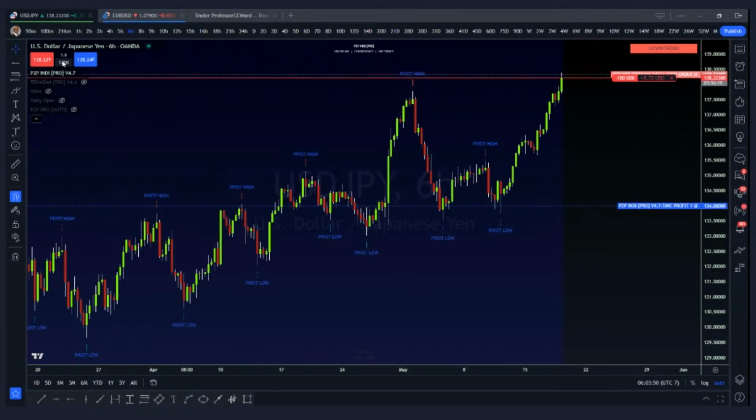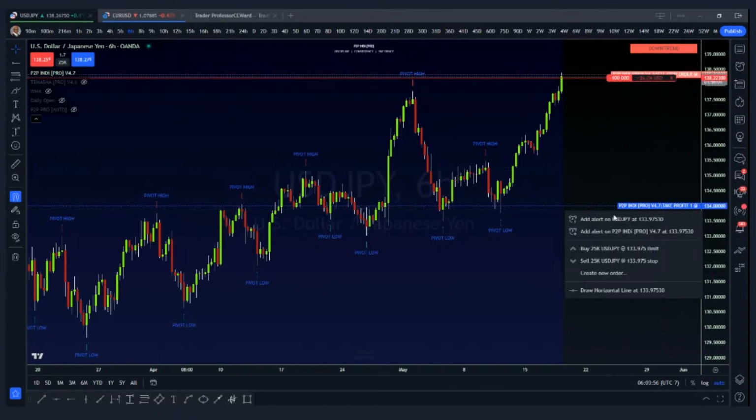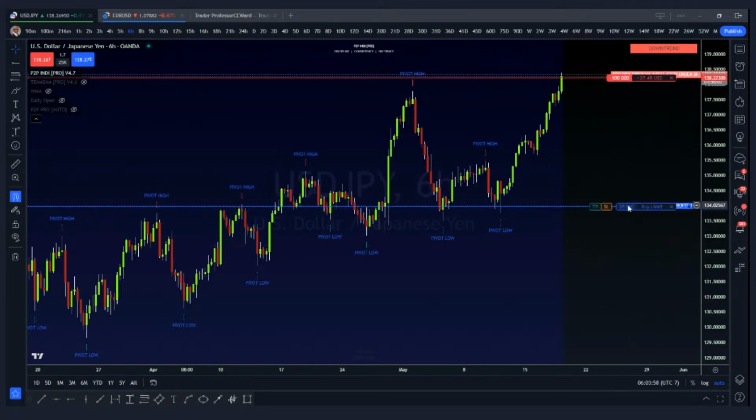All right, and then we will start closing them out, the quarter positions. So we'll buy back 25,000 at 134 even.